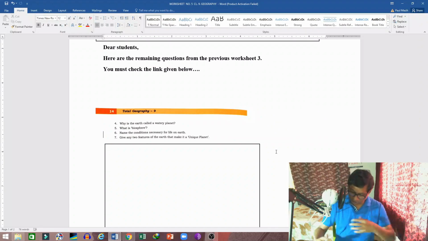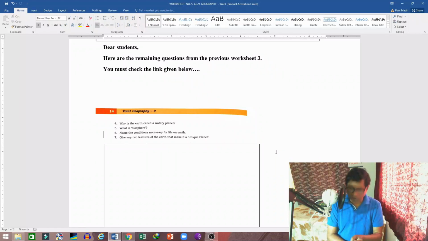In fact, we should say the interaction among atmosphere, lithosphere and hydrosphere, these 3 spheres, right? On page number 11 you will get this answer, and there is a picture showing three cycles. One is for lithosphere, the other one is for hydrosphere, another one is for atmosphere.